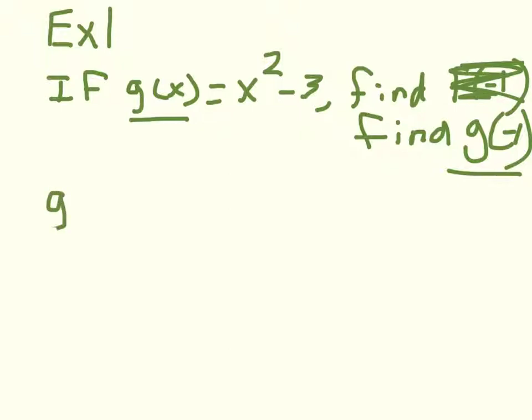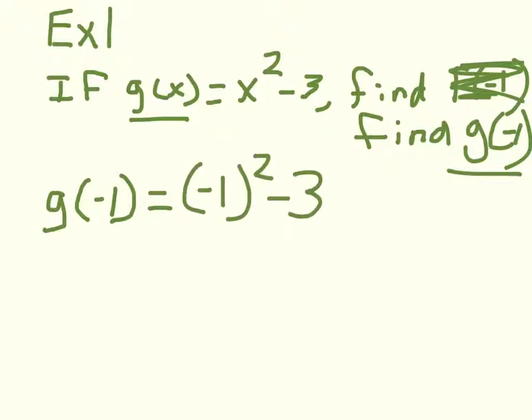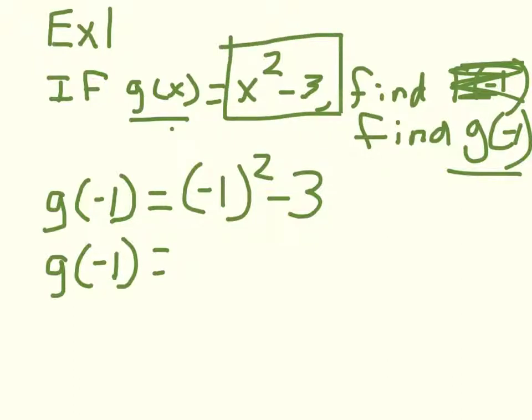I want to put negative 1 in for x, so I'm going to find g of negative 1. I'm going to take x, which is negative 1, square it, and subtract 3 from it. Really all I'm doing is evaluating the right side of the equal sign.